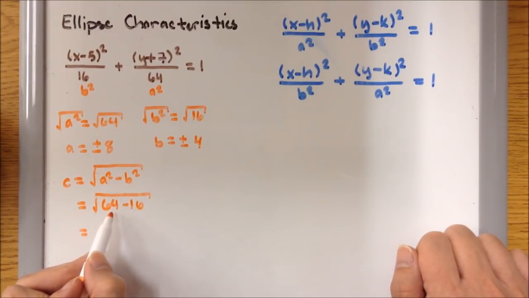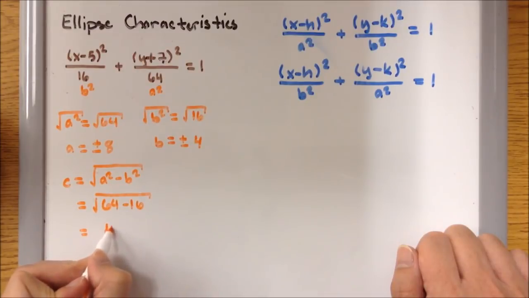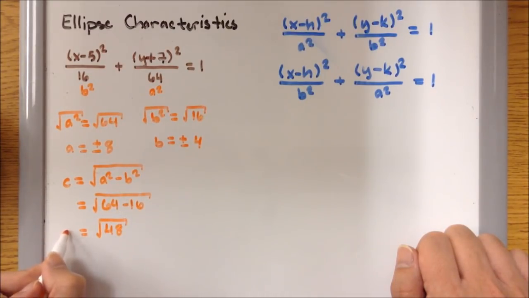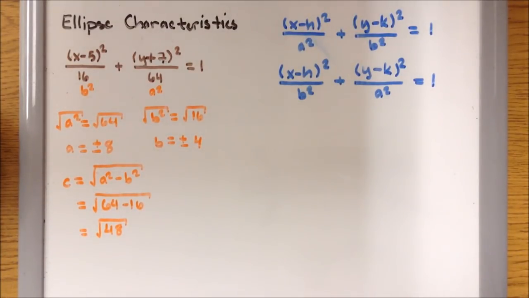So when we do 64 minus 16 it will be 48. Now 48, you can actually still simplify that. So first we're going to break it down into two factors where one is a perfect square. I would highly suggest the bigger perfect square number, which is 16.